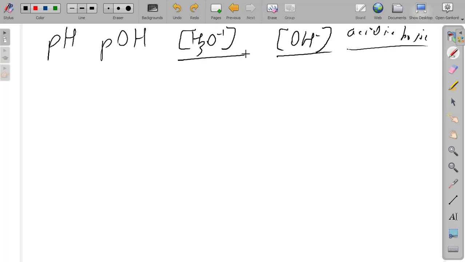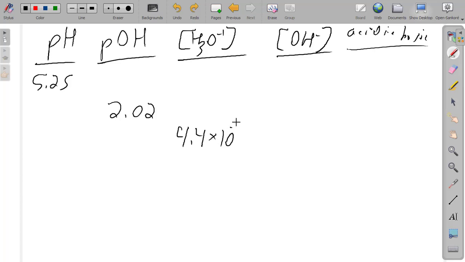All right. So originally I gave you 5.25 for the first row, 2.02 for there, 4.4 times 10 to the minus 10th molar there, and 8.5 times 10 to the minus 2 molar there.